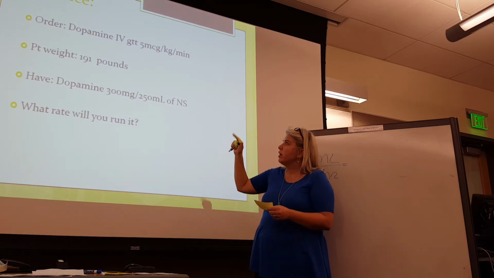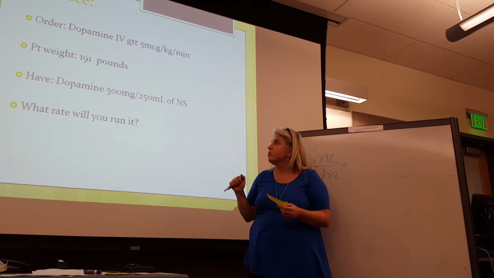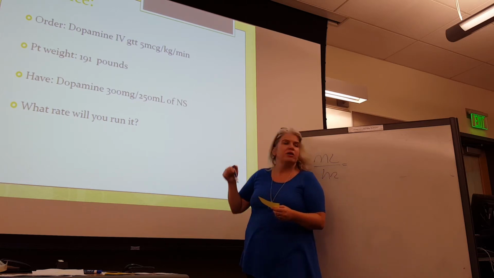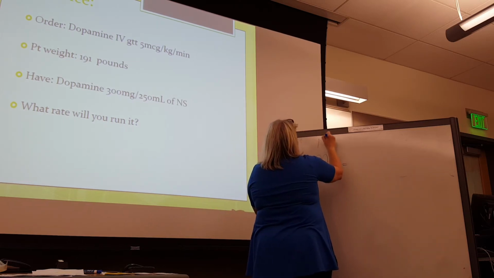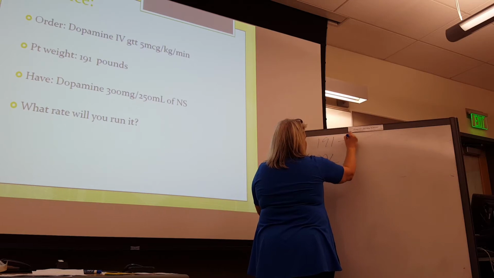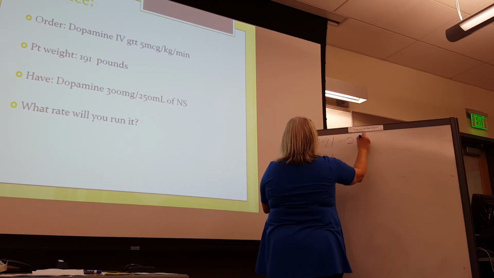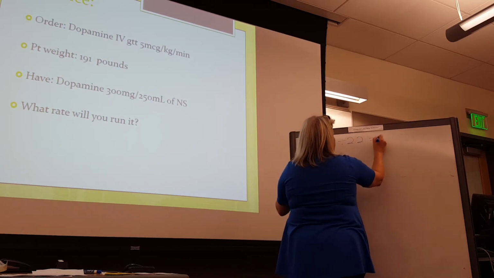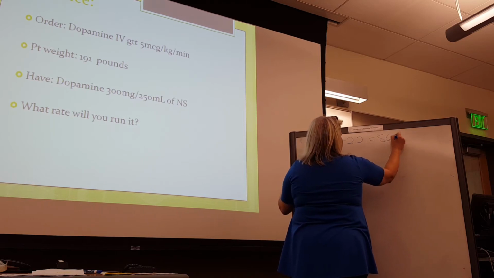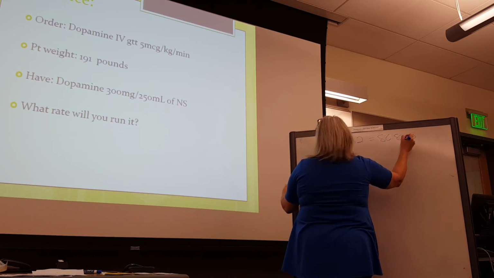So what are we going to divide 191 pounds by? Good. We're going to divide that by 2.2. So we take 191, divide by 2.2. We get 86.8 kilograms.